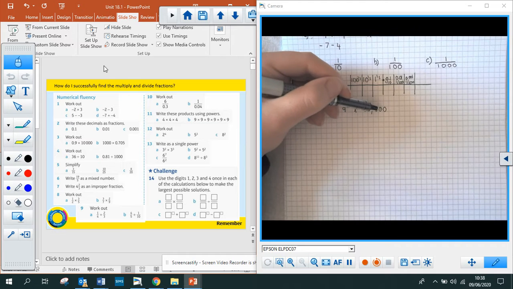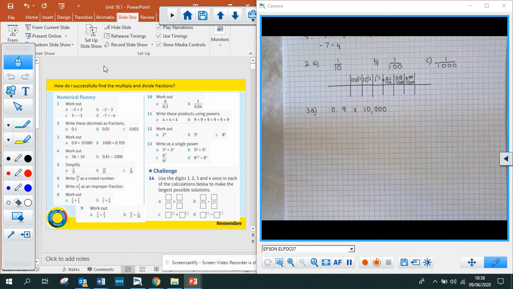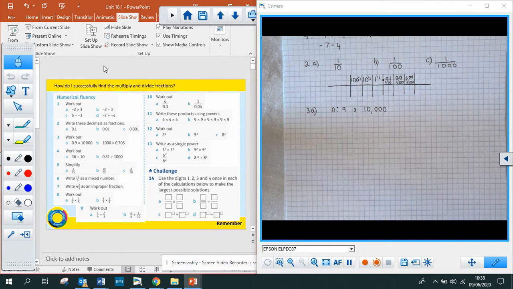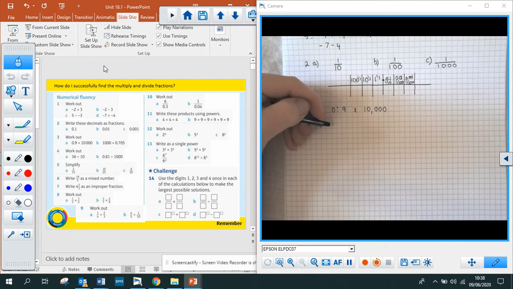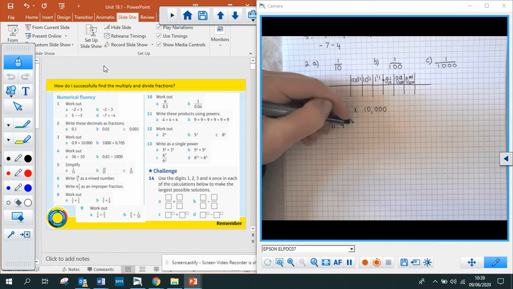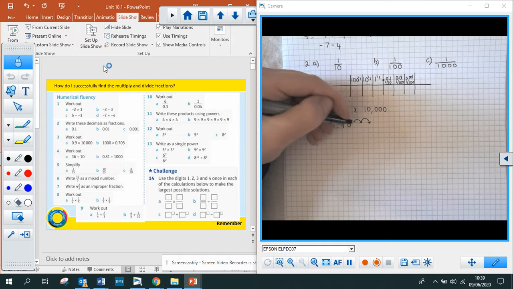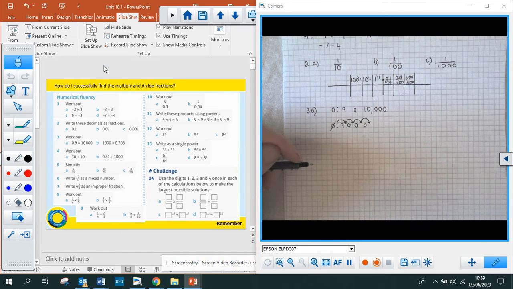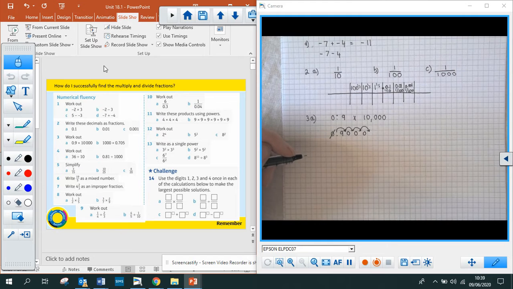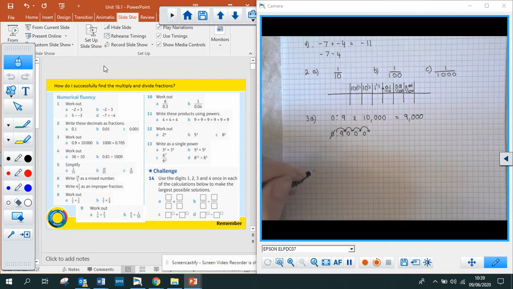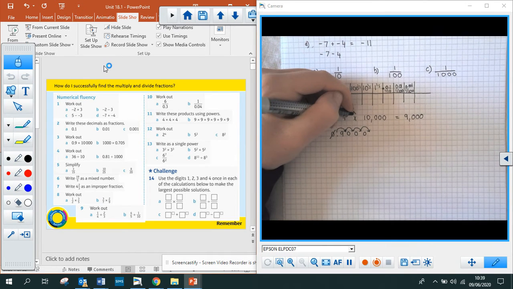There's 1, 2, 3, 4 noughts there, so we need to move the decimal to the right by that many places. If I write 0.9 down here, and I say 1, 2, 3, 4, in each of those gaps you're going to have a naught. So your answer would be 9,000. You've moved your decimal place 4 places to the right.